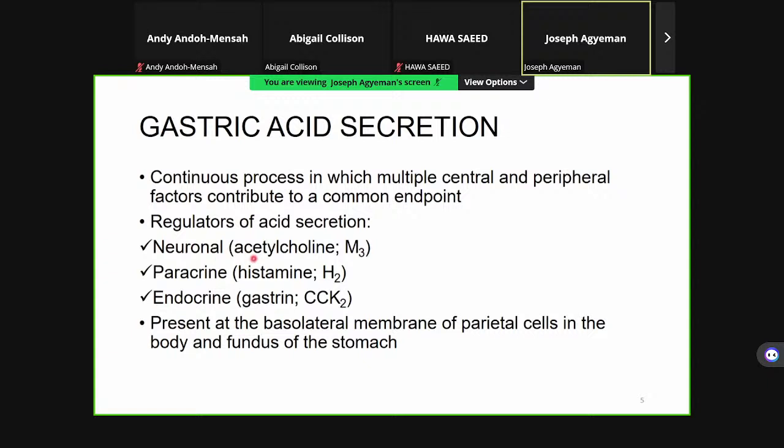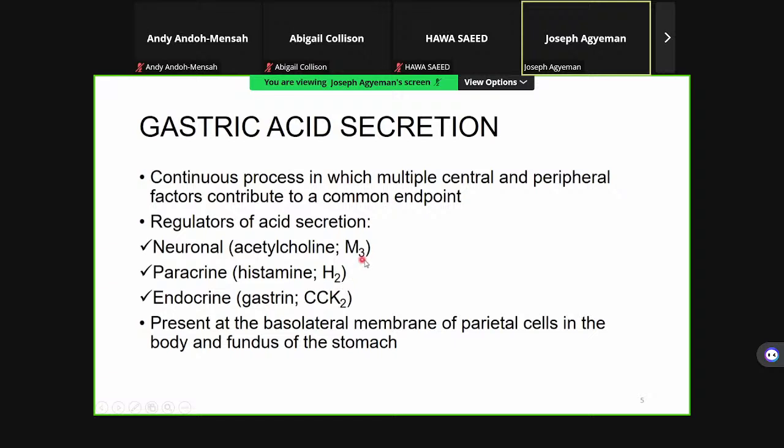For example, acetylcholine receptors, M3, that can be found on the parietal cells. Histamine subtype H2 receptors, also located on the parietal cells. And the cholecystokinin 2 receptor that is found on the parietal cells and the enterochromaffin-like cells. So you have these receptors there. It means that there will be agonists that will come in to stimulate them.